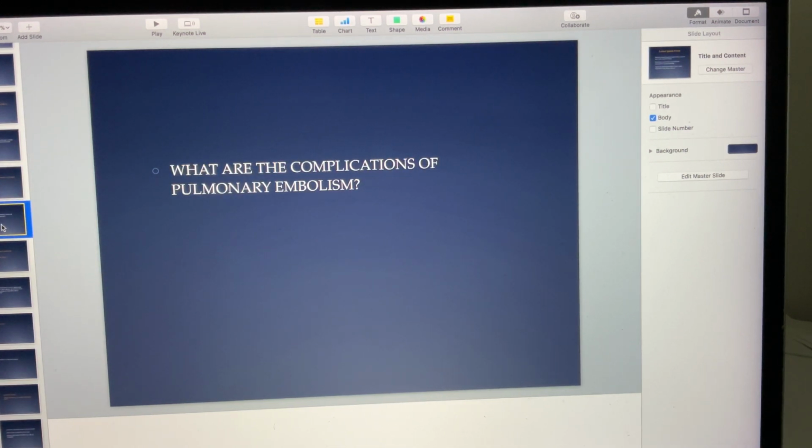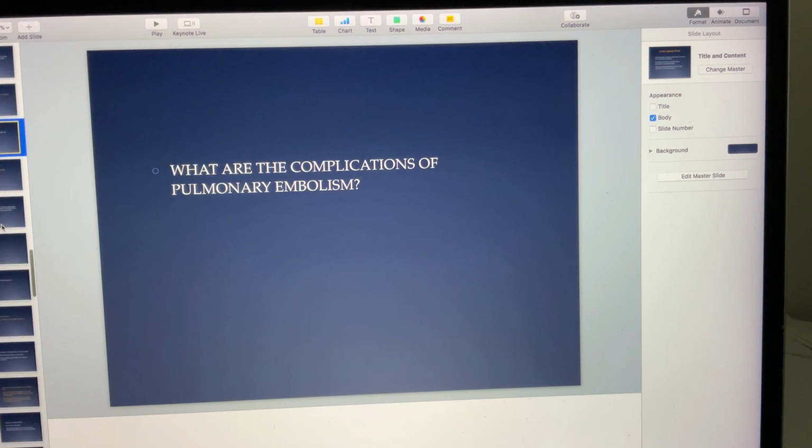Next question, what are the complications of pulmonary embolism? Okay, this is one of the big boys, especially when someone comes, you know how it goes in the emergency room. Your priority is to rule out what is likely to kill the patient. So pulmonary embolism is one of those that you need to do your due diligence.